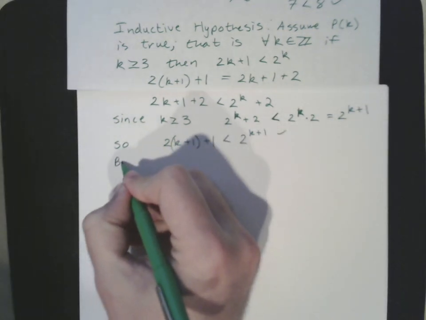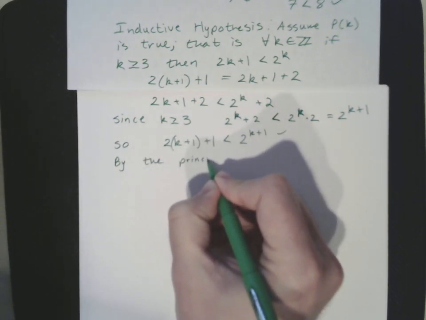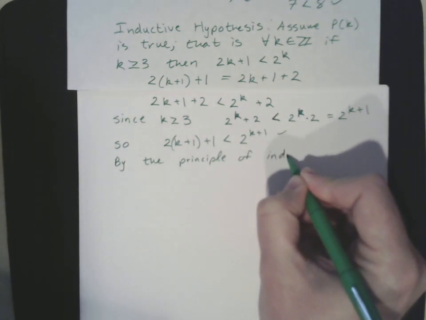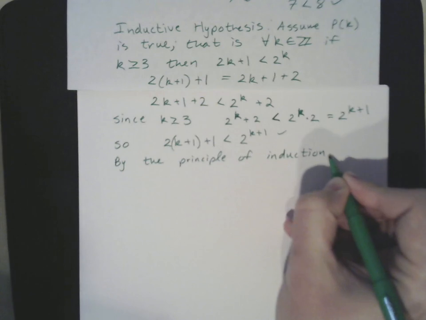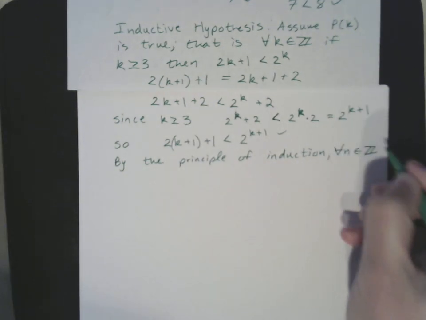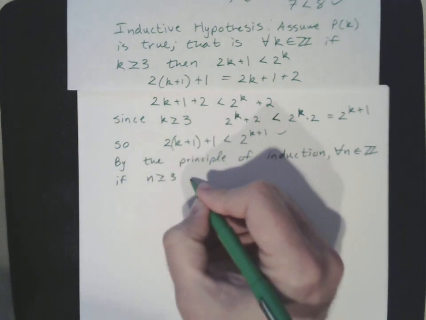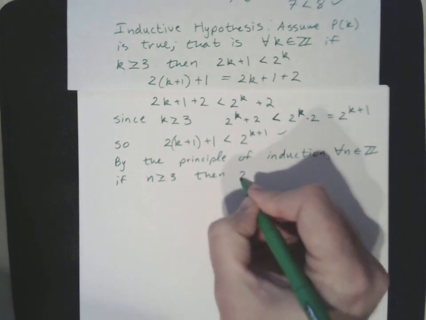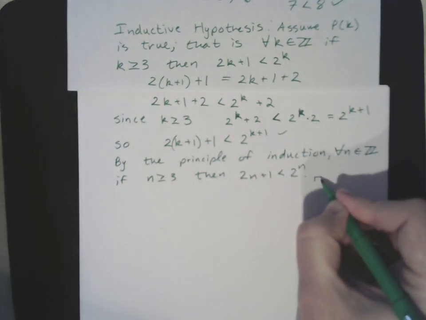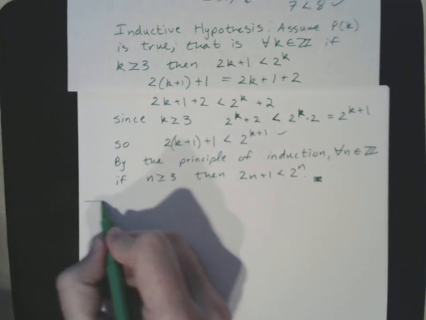So we can say by the principle of induction, for all n that are an integer, if n is greater than or equal to 3, then 2n plus 1 is less than 2 to the n. And that's the end of our proof.